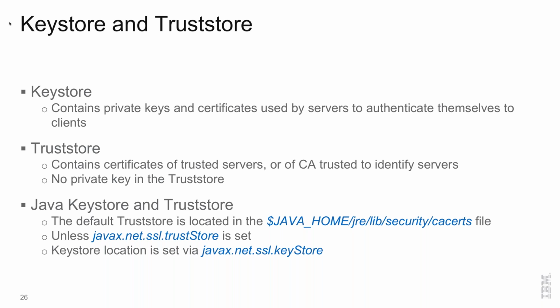For example, the default trust store comes with the Java installation, which contains some very high-level certificates. And in the Java case, you can set up the trust store and key store through the system properties.